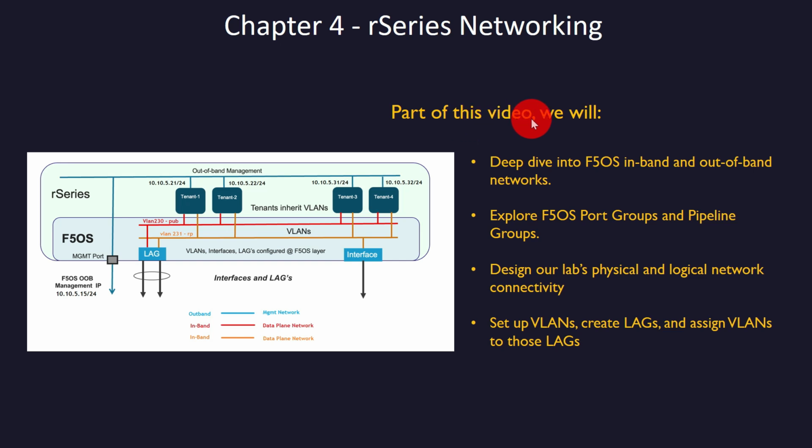Part of this video, we will take a deep dive into F5OS in-band and out-of-band networks, explore F5OS port groups and pipeline groups, design our lab's physical and logical network connectivity, set up VLANs, create LAGs and assign VLANs to those LAGs. Alright, let us get started.